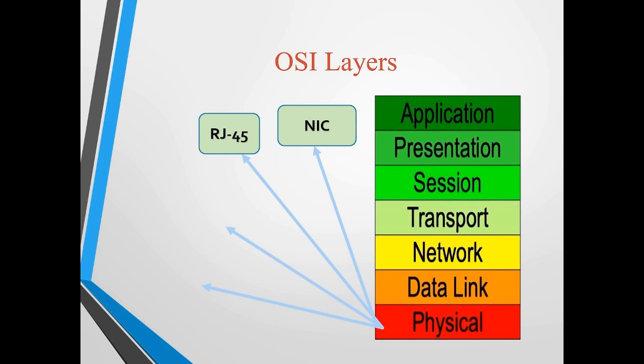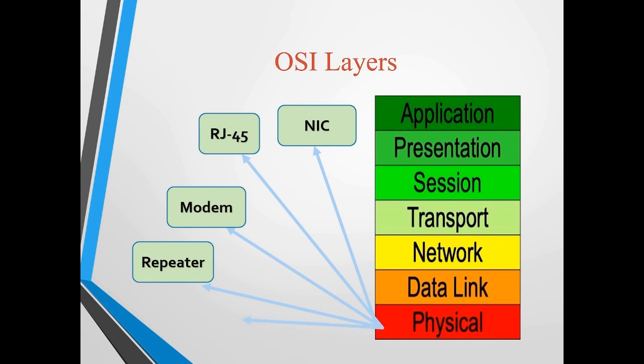The next is RJ45. The third is the modem. Then the repeater. And one more networking device which works on this physical layer is the hub. So these five networking devices work only on the physical layer.